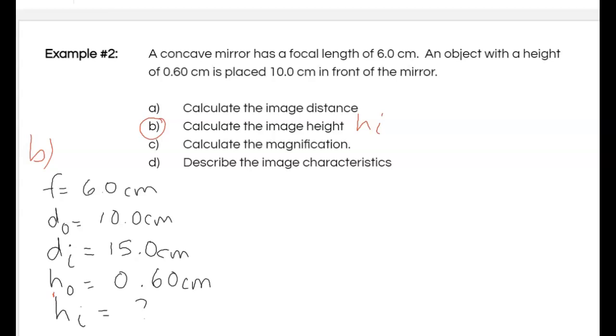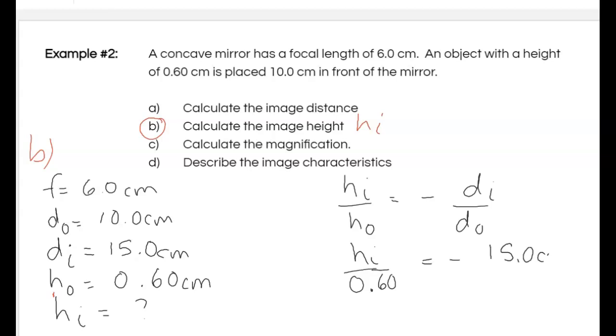The equation we use is HI over HO is equal to negative DI over DO. Now all I have to do is substitute in my known values. My object height is 0.60 and my image distance is 15 centimeters, and my DO is the 10 centimeters.